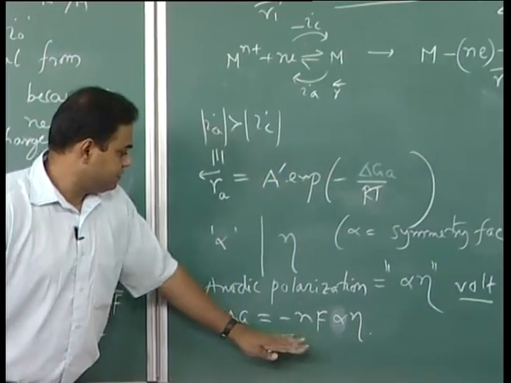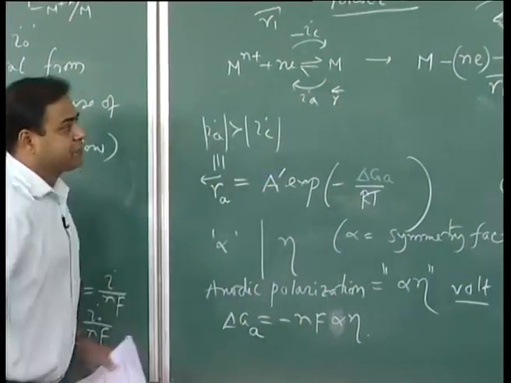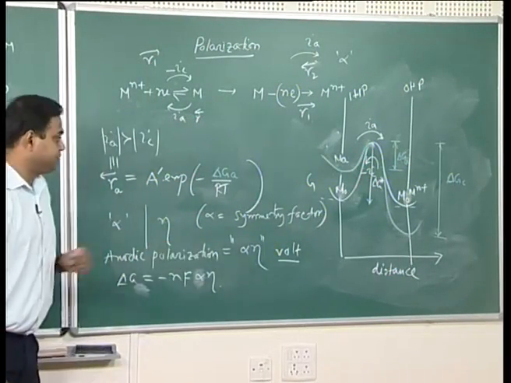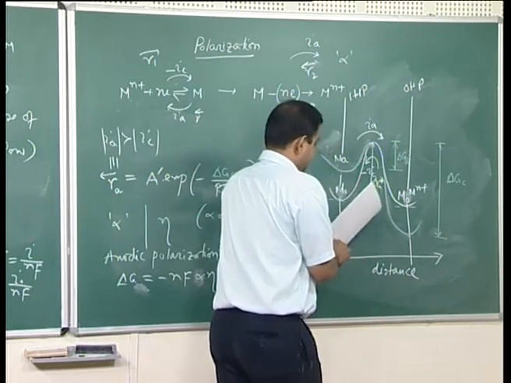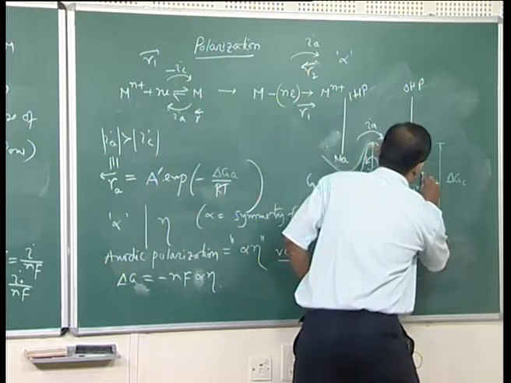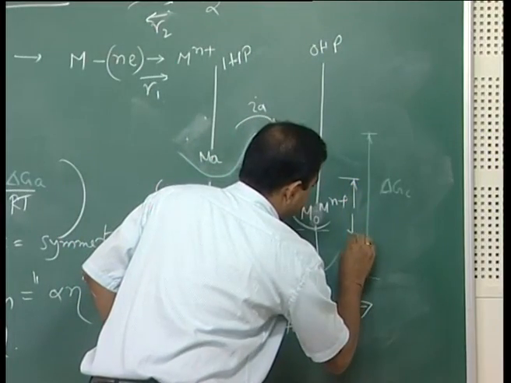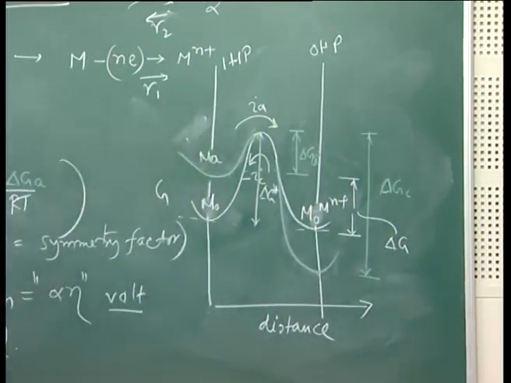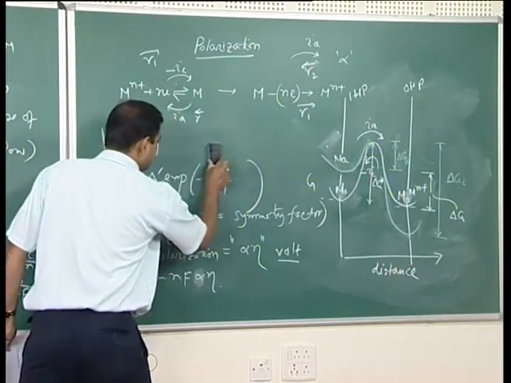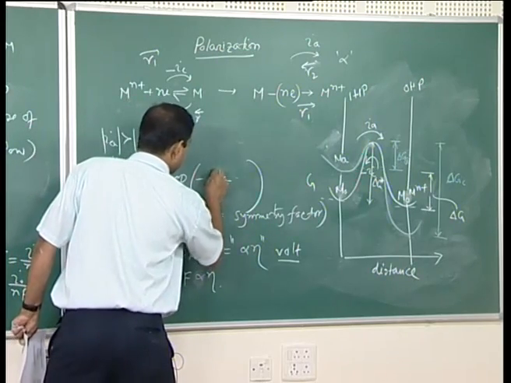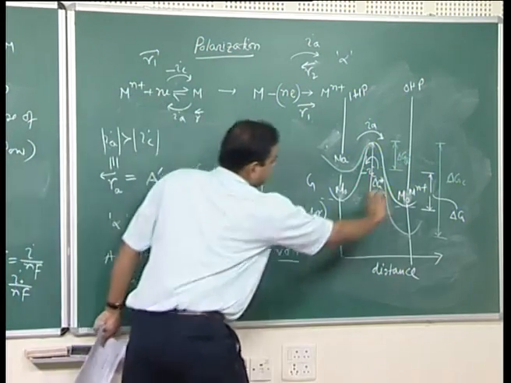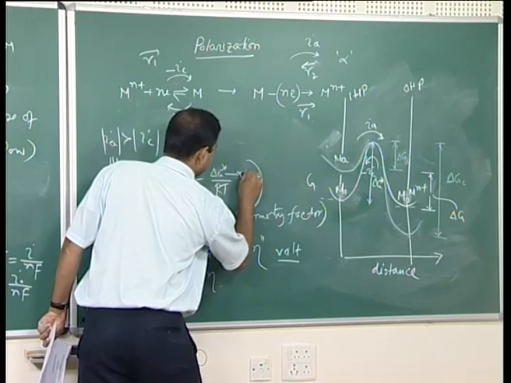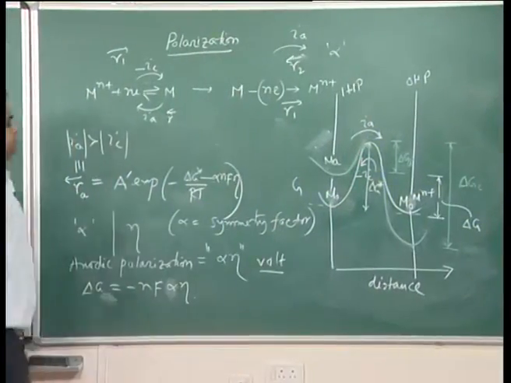So, this is my free energy change for this anodic polarization, and this part is nothing but del G. Del G A would change to del G star minus alpha nF eta.